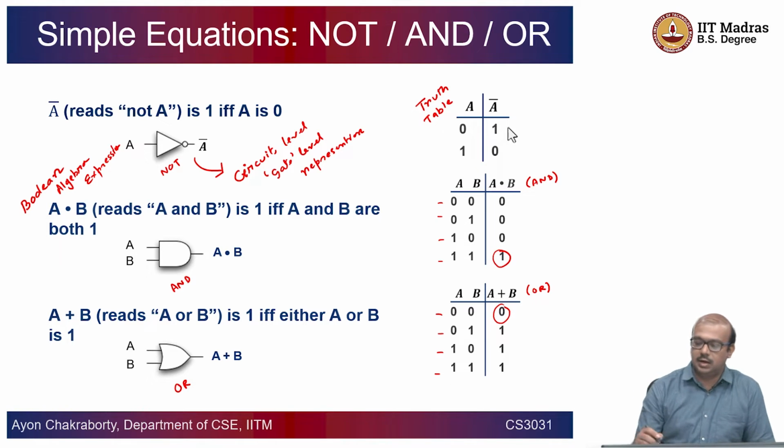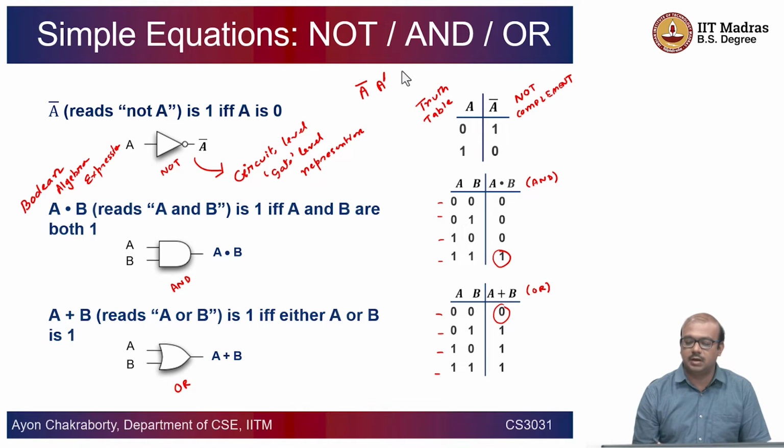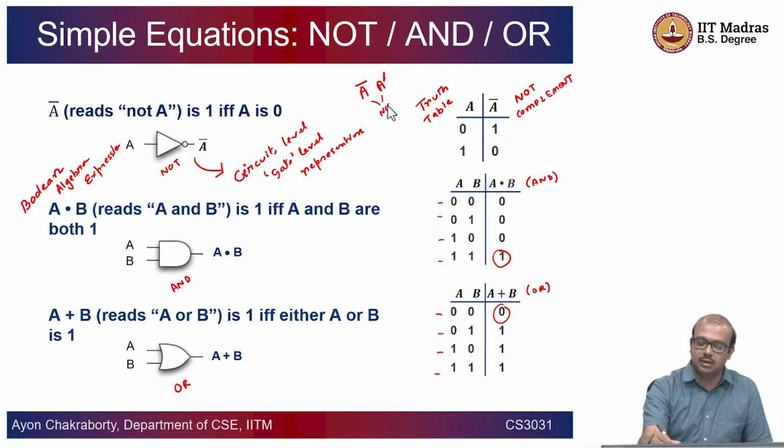Okay, and this is the complement also. It is NOT, or often it is called a complement operator. So NOT of a is often written with a bar, right? You will come across different notations. Sometimes it is a NOT or a bar, or sometimes you can also come across a prime, right? So both of these marks often mean NOT.